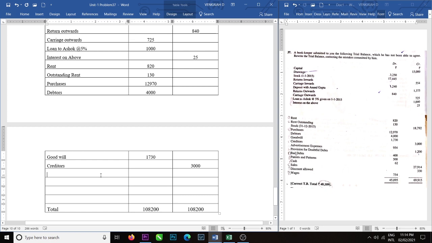Advertisement expenses, 954. Provisions: all provisions and reserves are credit.